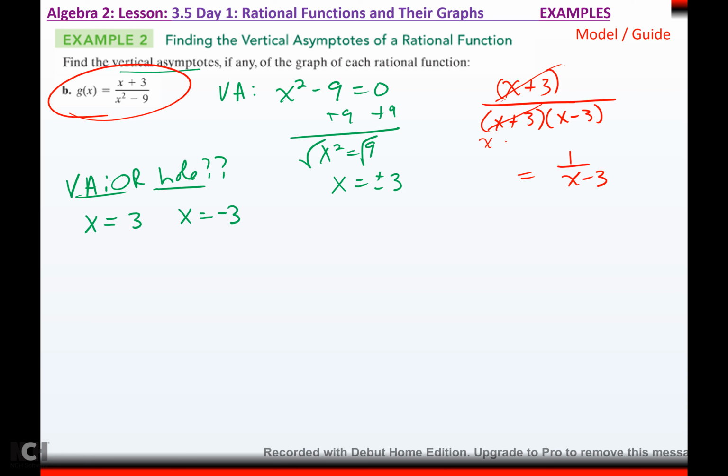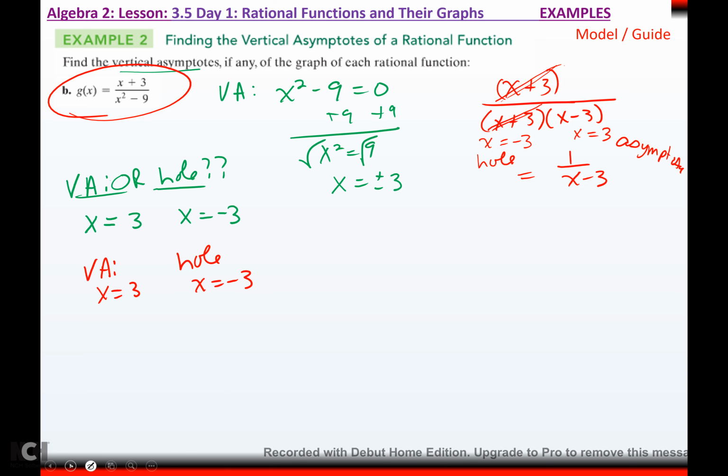That means that when x equals -3, that's going to be a hole, because this one canceled, and x equals 3, since it didn't cancel, is going to be an asymptote. So my vertical asymptote is at x equals 3, and the hole is going to be at x equals -3.